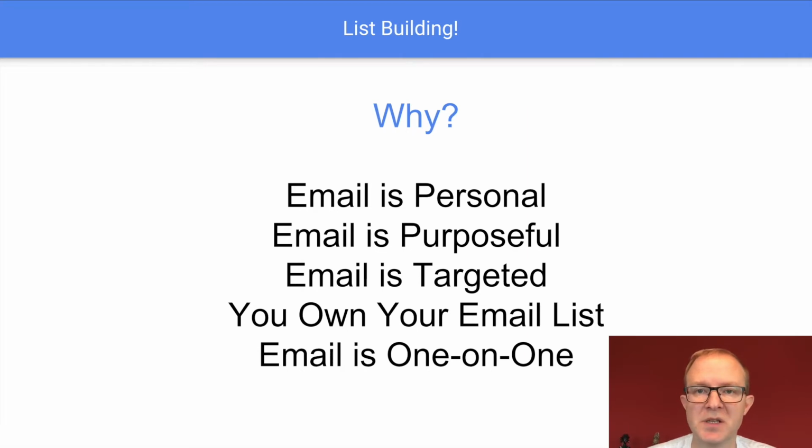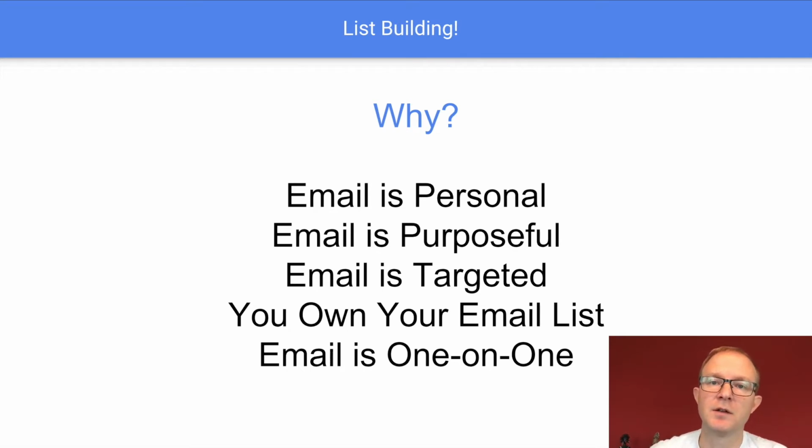You might say email is very out of date, it's very old, people are not using it. But it's the opposite, because email is so personal, it gets into your inbox. And as a sender, you can address the recipient by a first name if you have that information. So it feels a lot more directed and personal than, let's say, just a blog post, which is more like a broadcast to everyone visiting.